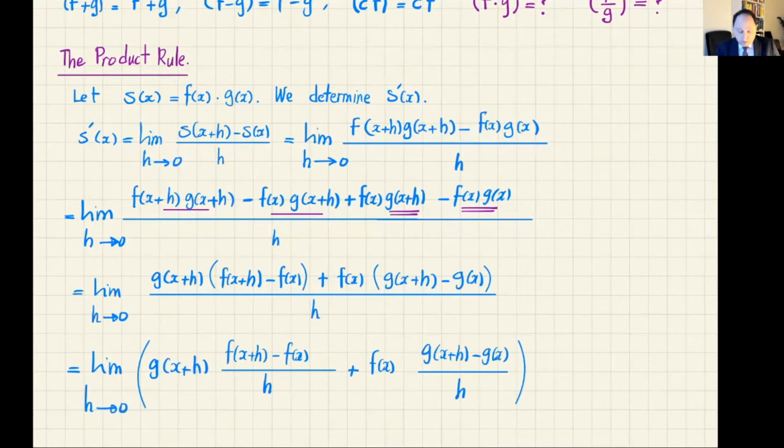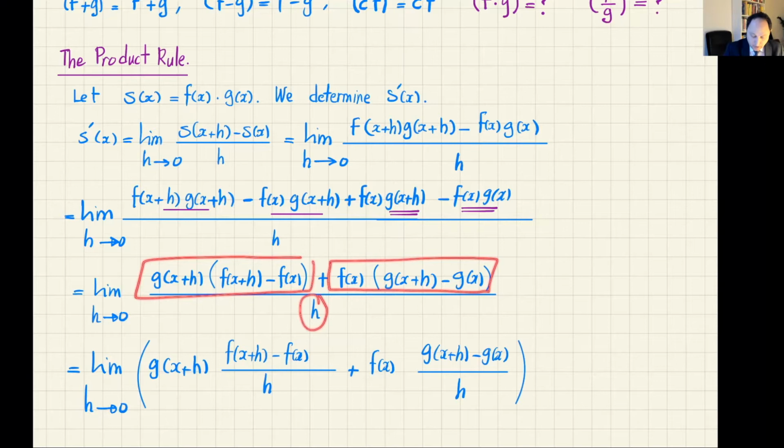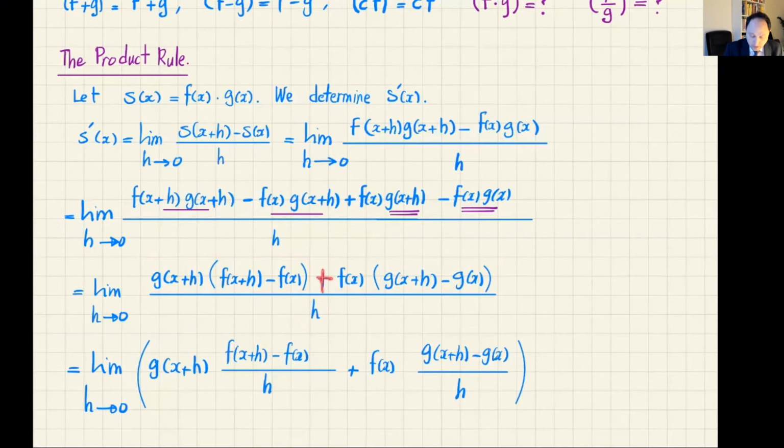Yes, is that understandable? So I have one expression plus another expression divided by h. I separately divided this by h, plus I divided this by h. But then instead of putting this in the numerator, I put this aside next to the fraction. So hopefully this is clear.